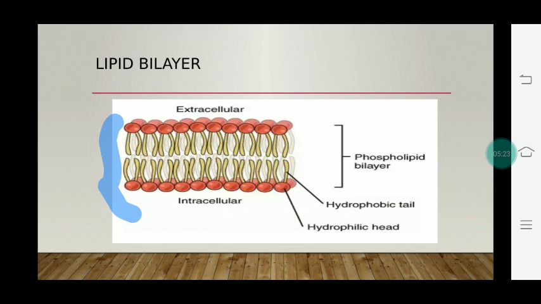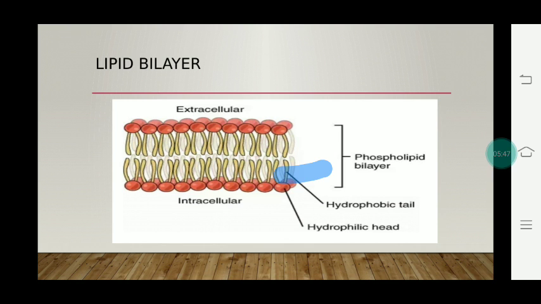Here you can see the heads are in contact with the extracellular or intracellular side. Now, the non-polar tails face each other, constituting the hydrophobic interior of the membrane.